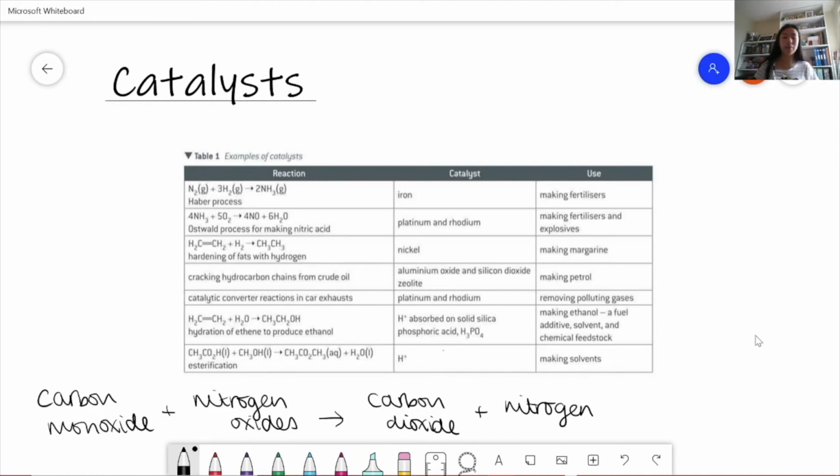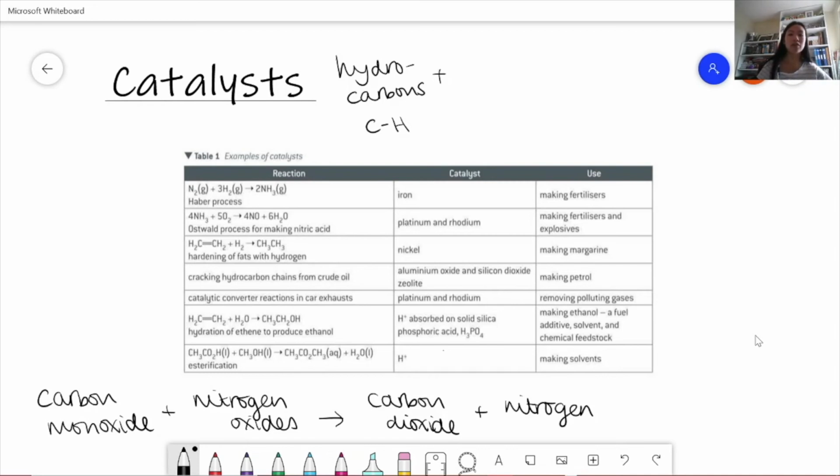Another reaction that can happen is one between hydrocarbons and the nitrogen oxides. So we can have hydrocarbons, which are molecules with only carbon and hydrogen. So they only have carbon-hydrogen bonds.